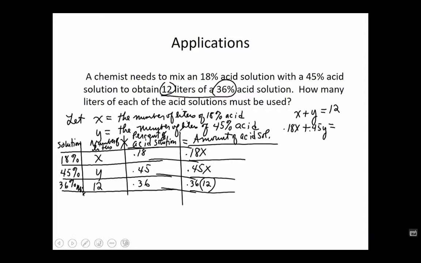I hope I said y here, not x. So that's 0.45y.